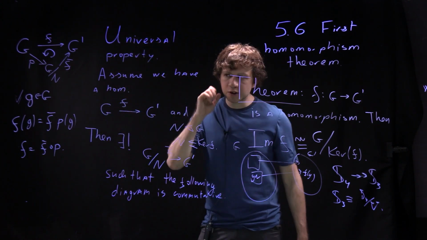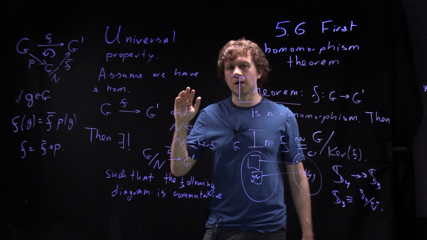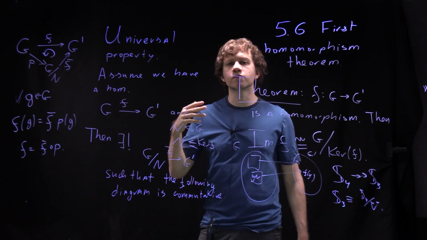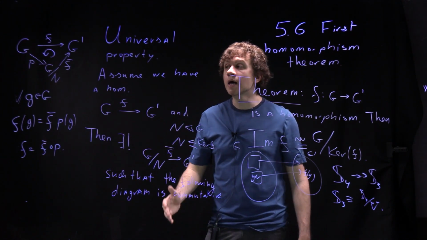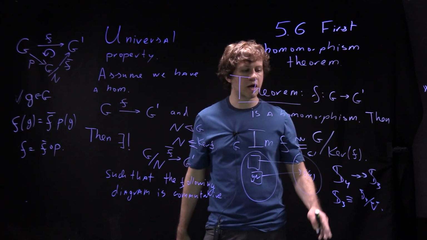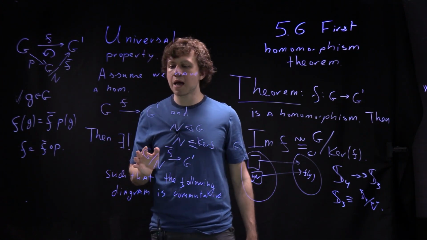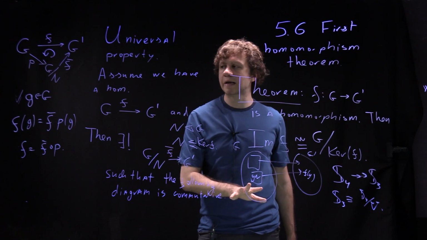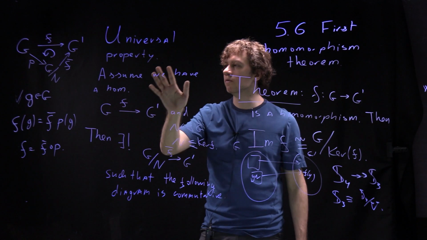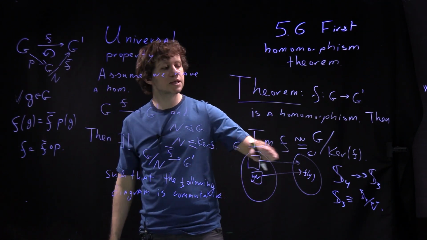Later on, we will talk about other algebraic objects like modules or rings, and the concrete things we are talking about will change. We will not have normal subgroups, we will have ideals or submodules, and all constructions will be slightly different, but general ideas like this one will be exactly the same. There will be universal properties exactly like that, there will be these quotients, and this theorem will be true.